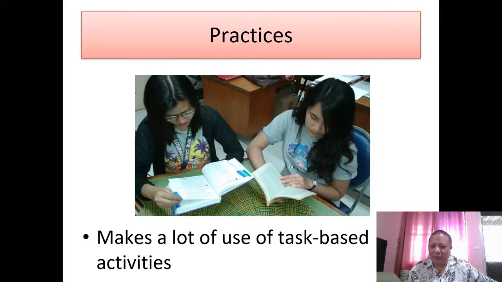You're able to collaboratively create meaning, you involve negotiation of meaning, there's hypothesis testing, there's feedback, there's interaction.